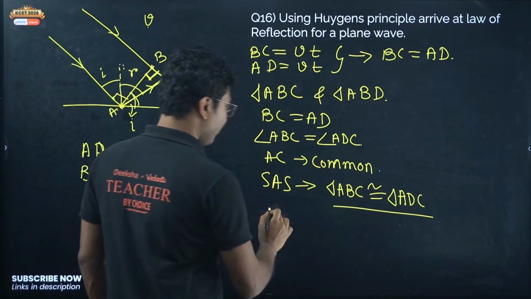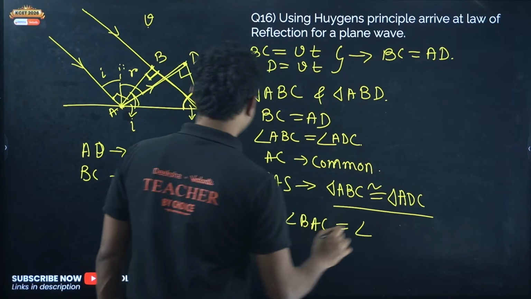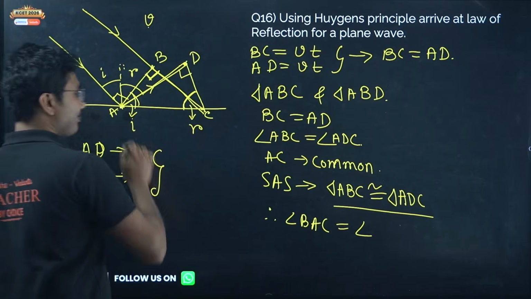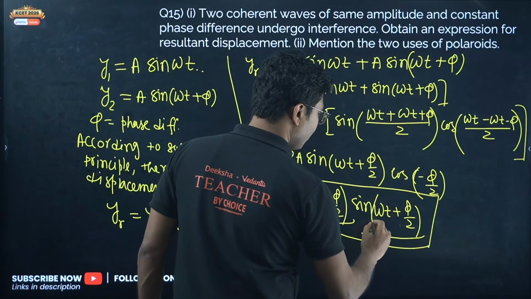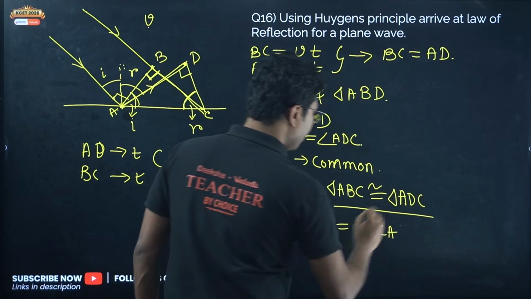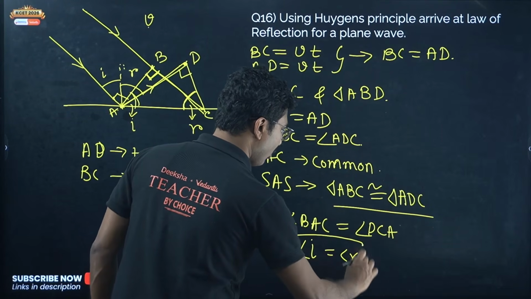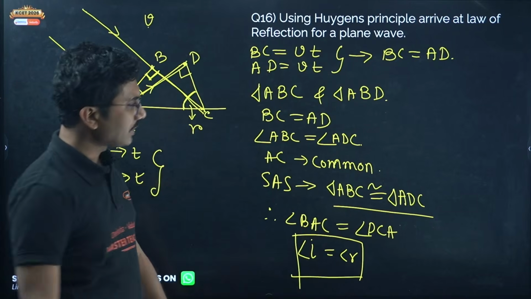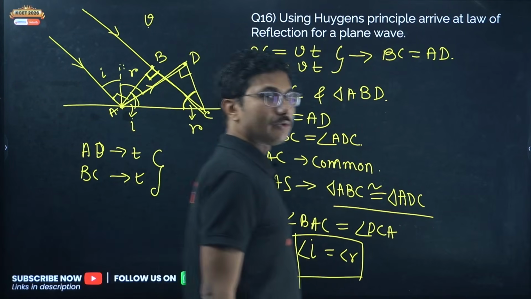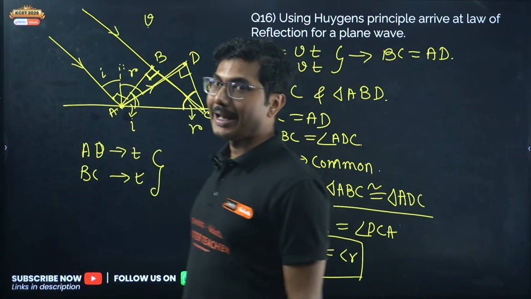Therefore angle BAC must be equal to angle DCA. That means angle i equals angle r. So this is the law of reflection. Easy derivation. If this derivation comes, it will definitely come with the statement of Huygens principle and hence the proof.